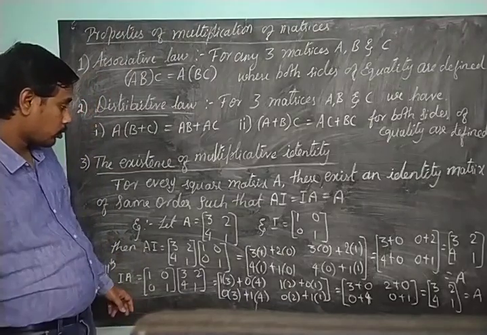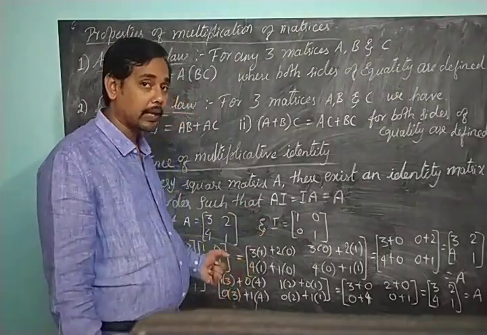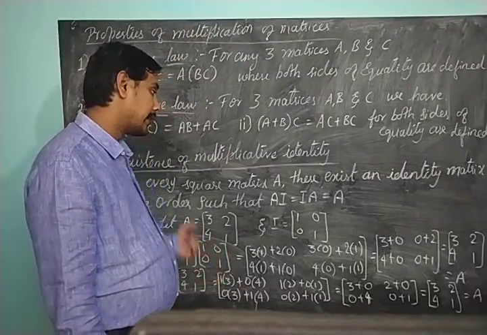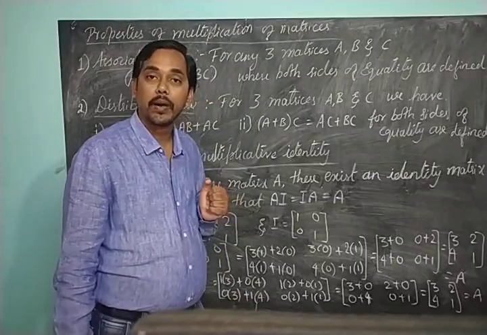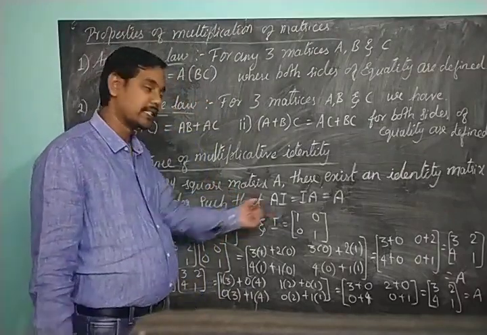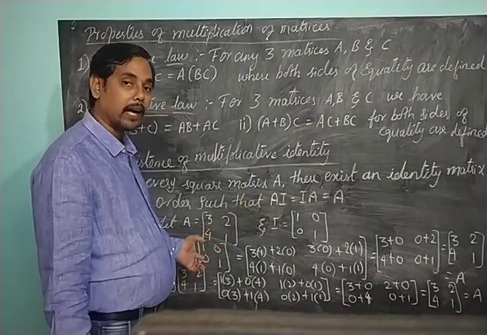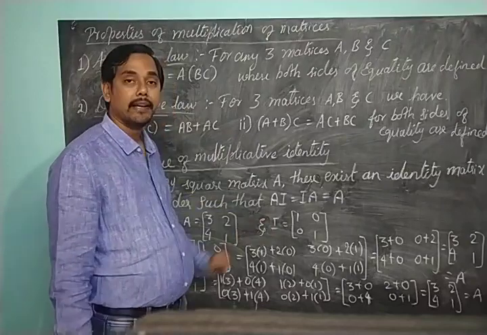Here also the order should be such that they are capable of multiplying. We know that a unit matrix is always a square matrix, so matrix A should be defined in such a way that it can be multiplied with I. So let us consider 2 cross 2 matrices A and I.